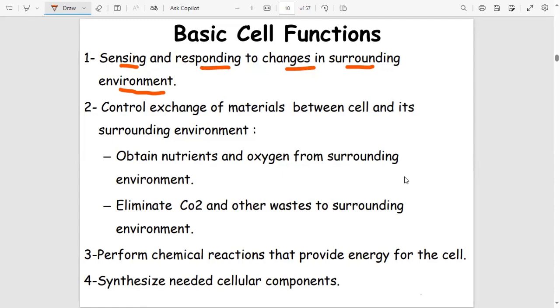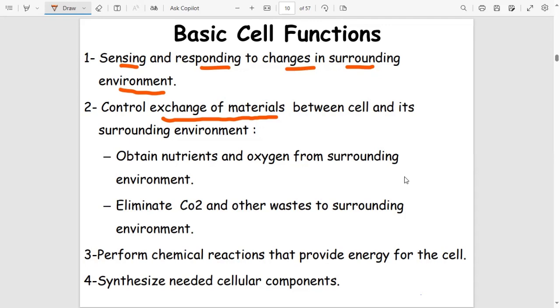And then we can also talk about material exchange. Material exchange is also one of the important functions of the cell. So exchange of materials between the cells themselves and between the cells and their surrounding environment. For example, these cells can absorb glucose for energy, and then they can expel carbon dioxide as a waste.